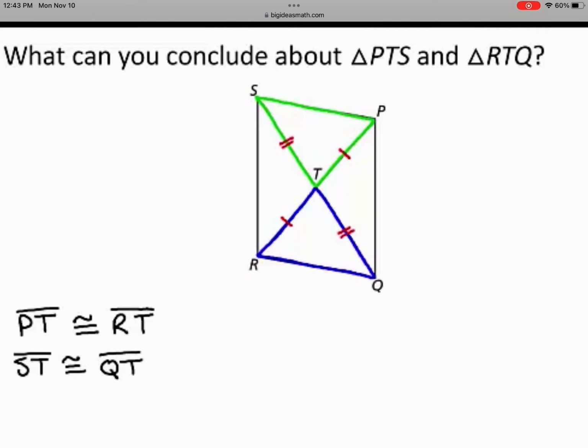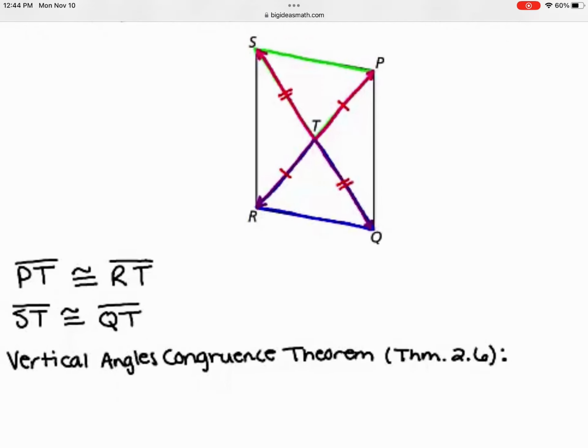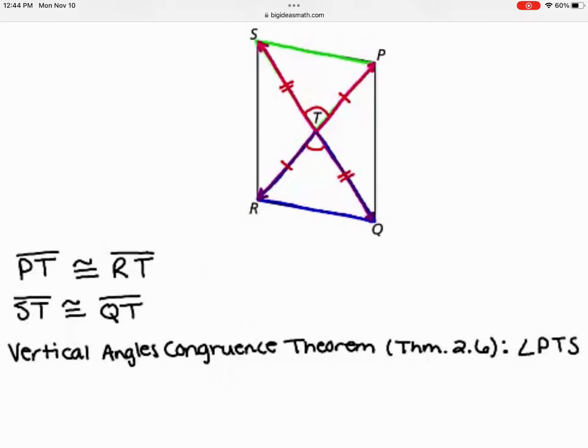Also, from the diagram, you can see that angle PTS and angle RTQ are vertical angles. So, by the vertical angles congruence theorem, you can state that angle PTS is congruent to angle RTQ.